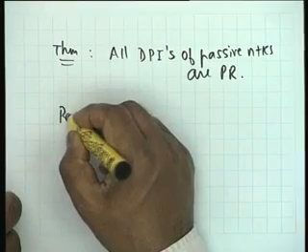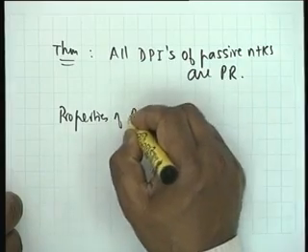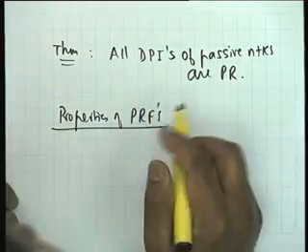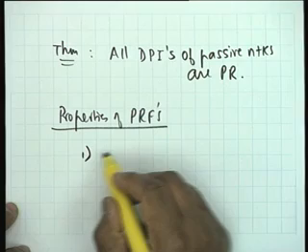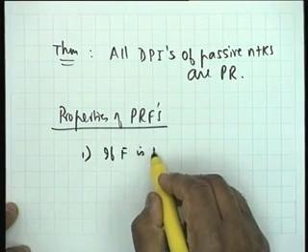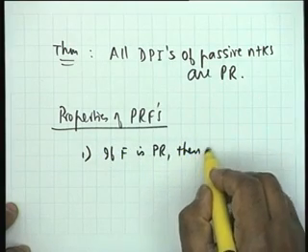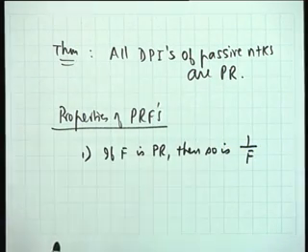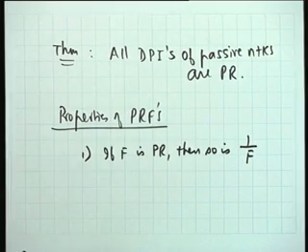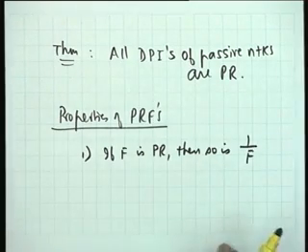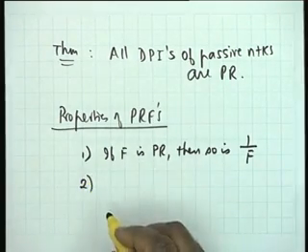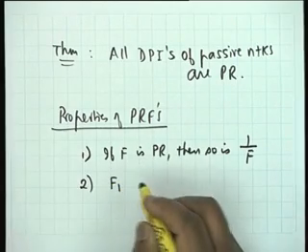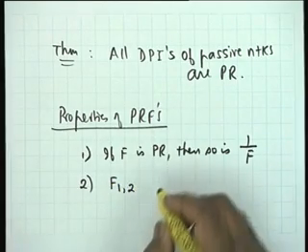But before we test, let us look at some useful properties. Properties of positive real functions. One of them that I have seen is if f is PR, then so is 1 over f. This we have already proved. That is how we stated the theorem that all DPIs of passive networks are PR. Suppose f1 and f2 are PR.